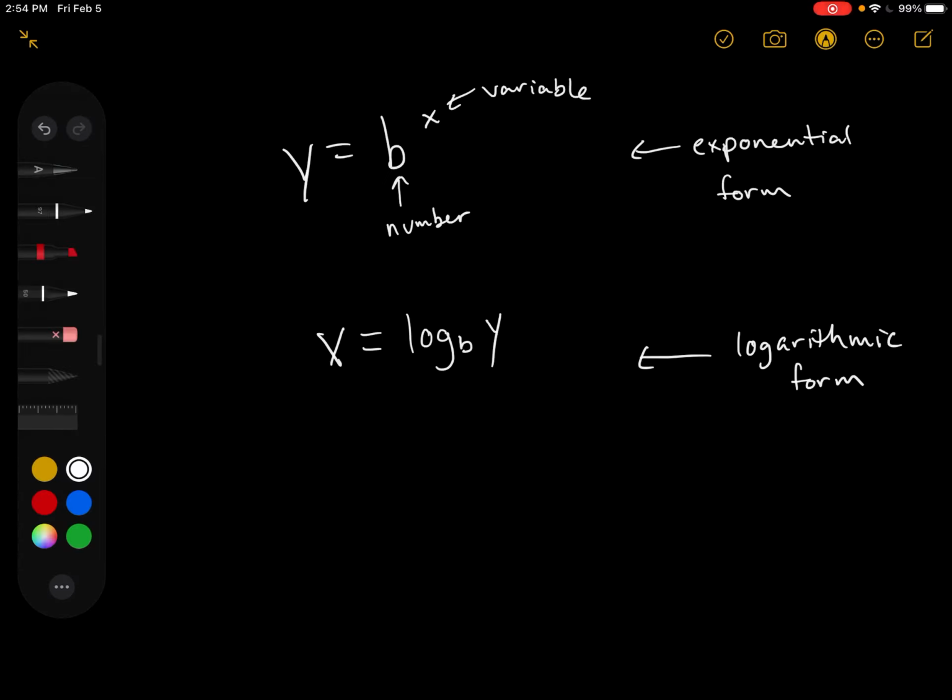So again, if we want to directly trace this down, there's our base. It's now a small letter next to the log. Our original y value or answer is now what goes inside the log. And then the exponent is now what goes on the other side.